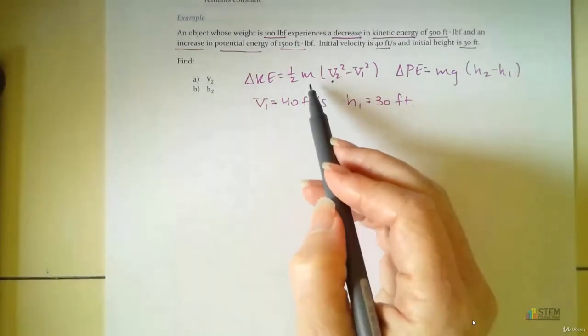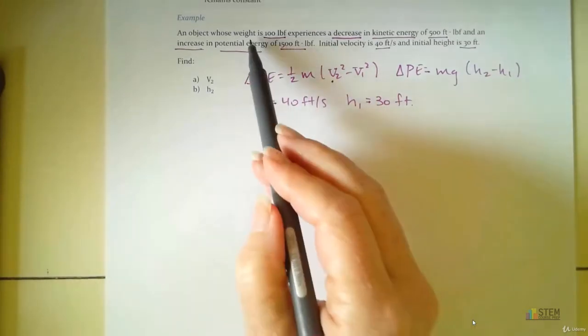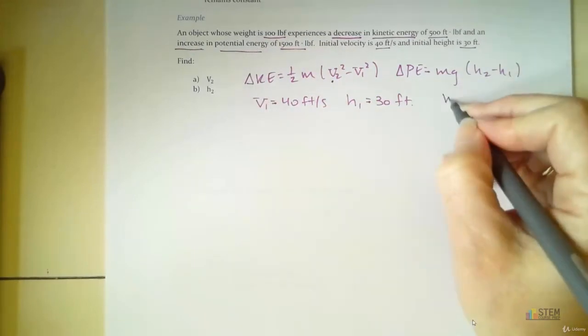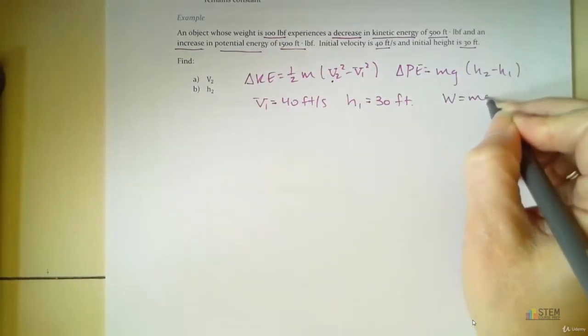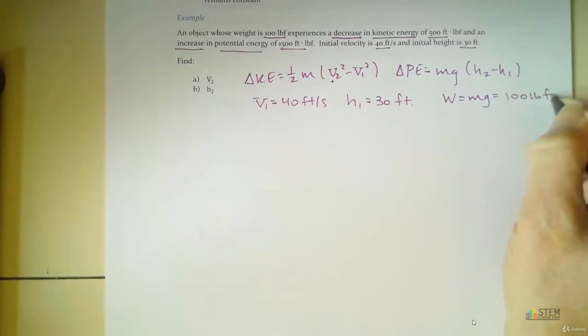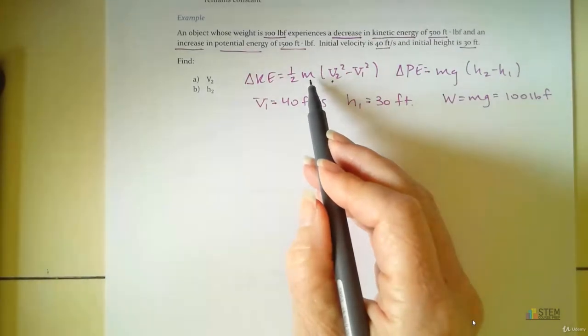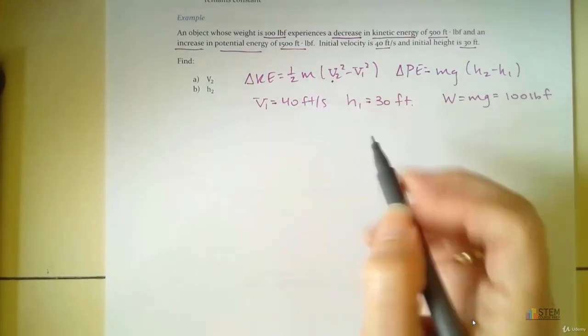So if we notice, this kinetic energy equation needs mass. Okay, we don't have mass given to us. We were given weight. Remember, weight is not mass. Weight is m times g. So m times g is 100 pound force. Okay, so first, in order to use this kinetic energy equation, let's find mass.